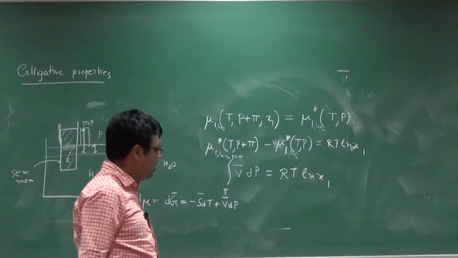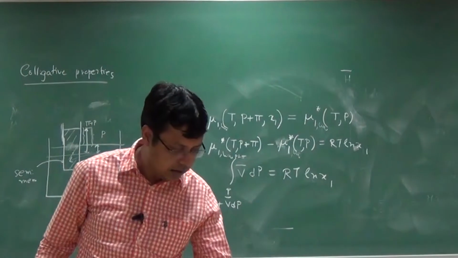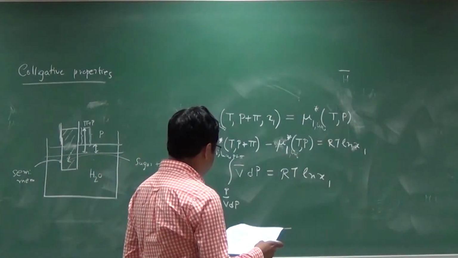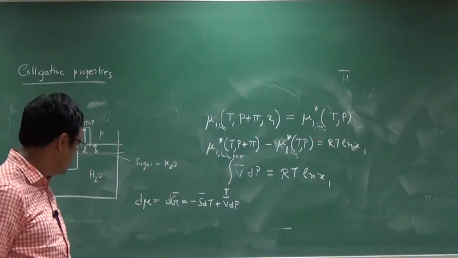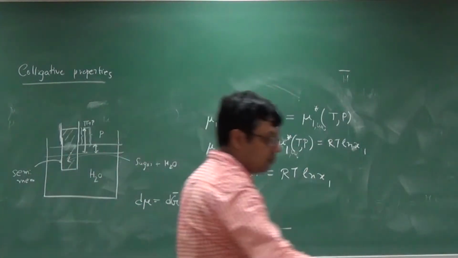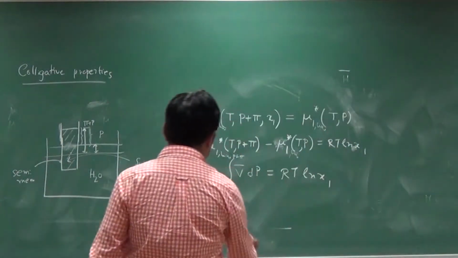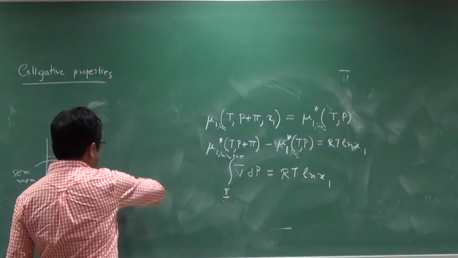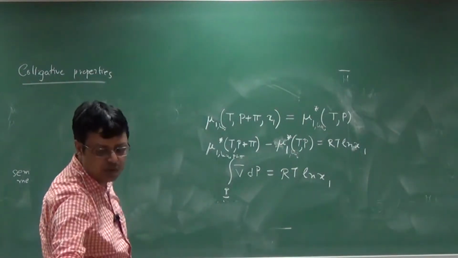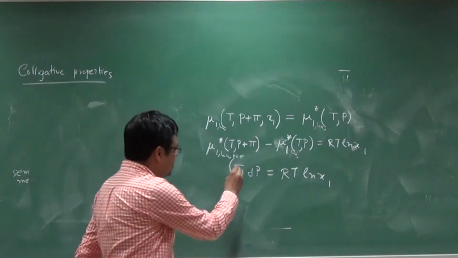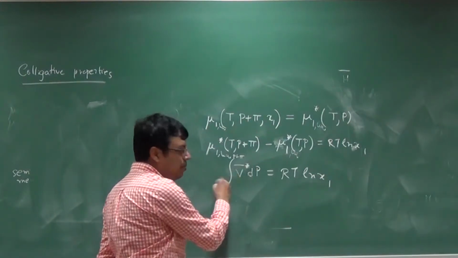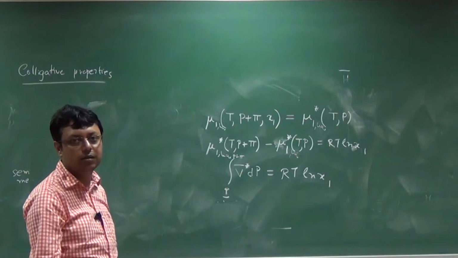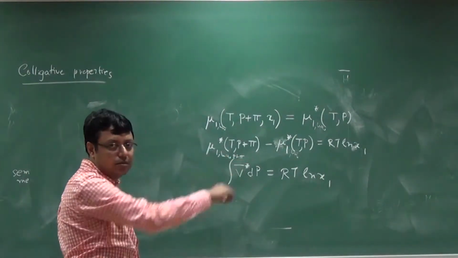Now this is just straightforward. What we have is V bar pi. Let us just write it. To keep the same notation, I can write it as V star pi, meaning the molar volume of pure liquid, I mean pure water, because it's a difference of the stars.